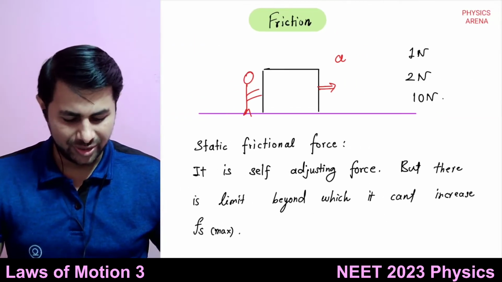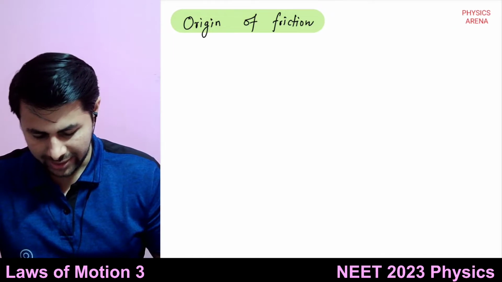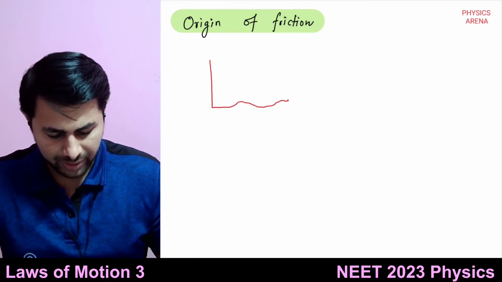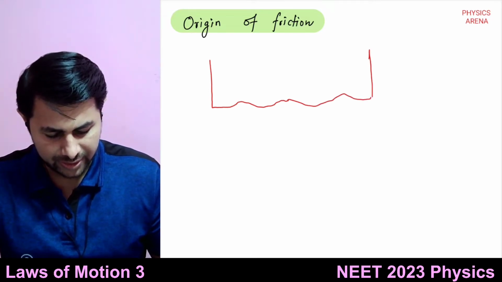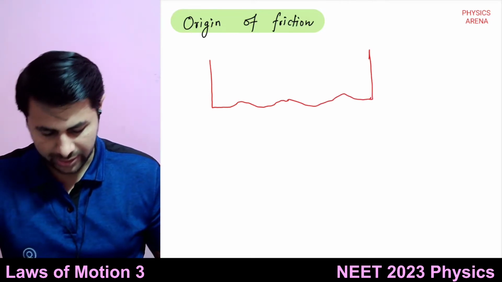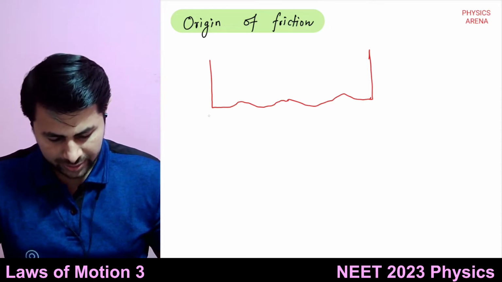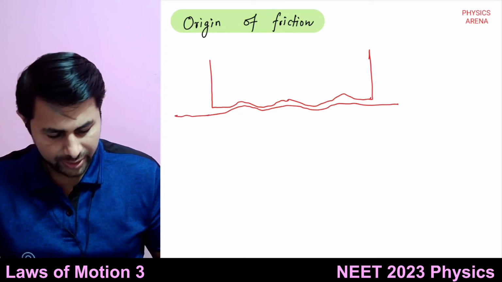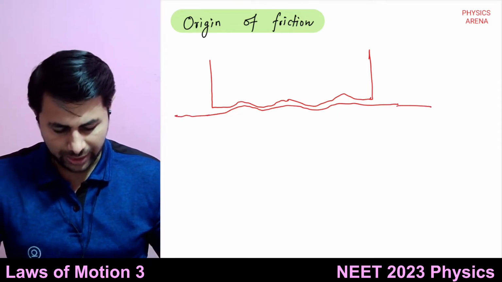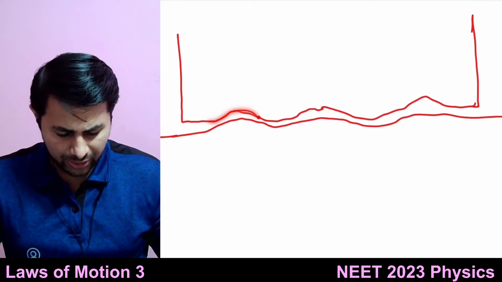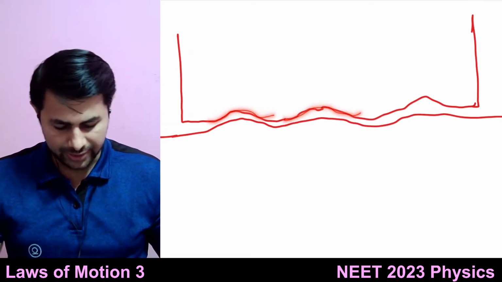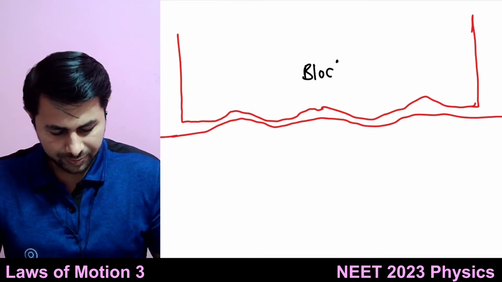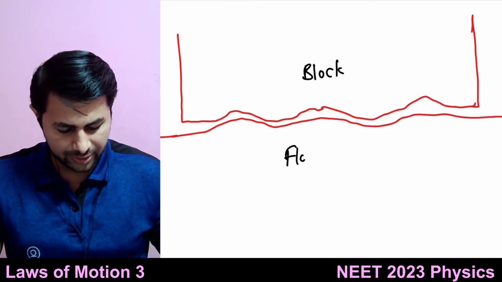But if you look using a microscope, you will see that there are some hills and dales, some irregularities between the surfaces. So this is the block, I have zoomed it using a microscope, and this is the floor. Now the irregularities, the hills and dales from the block, get interlocked with the hills and dales of the floor.